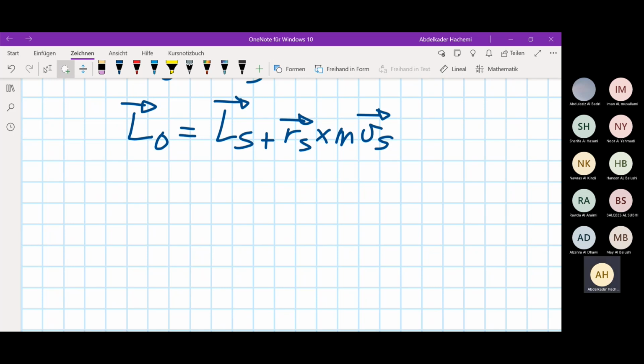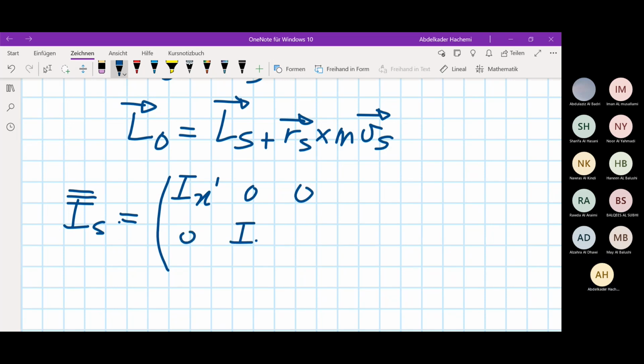Then what we have here, I wrote S will be equal to the tensor here: I x prime, 0, 0, 0, I y prime, 0, 0, 0, and I z prime.